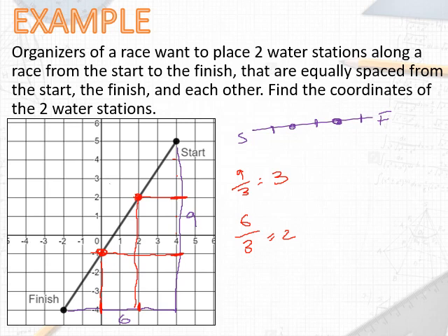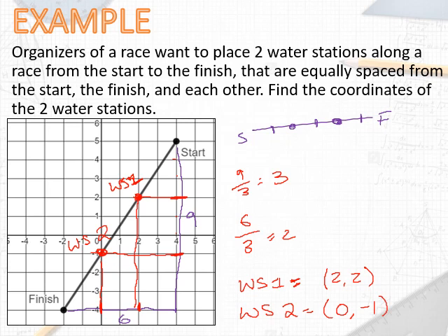So the first water station, water station 1 and water station 2. Okay, so water station 1 is at a coordinate of 2, 2. And water station 2 is at a coordinate of 0, -1. That's it. Done.